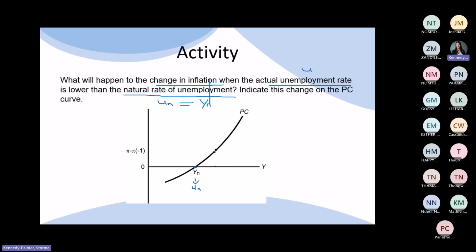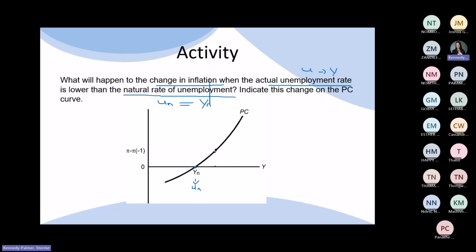And actual unemployment is associated with actual output, for the sake of this graph as well. So another way to read this is, remember that there is a difference in the relationship. It goes from negative to positive.